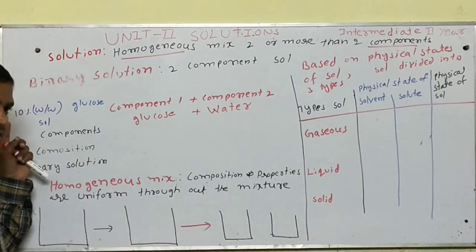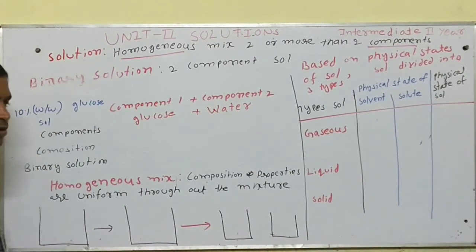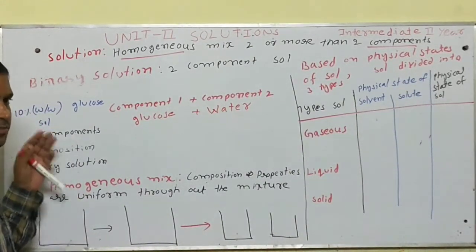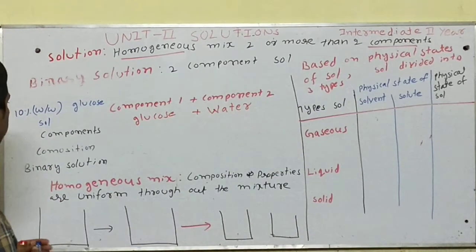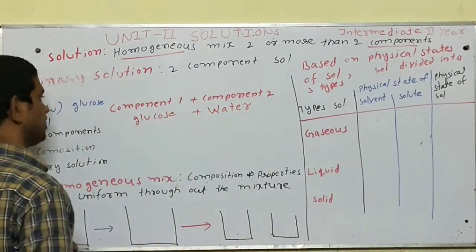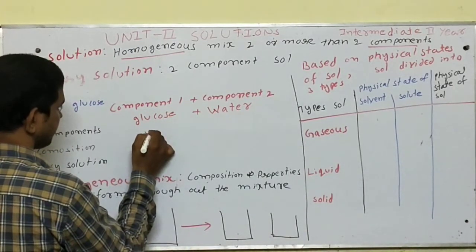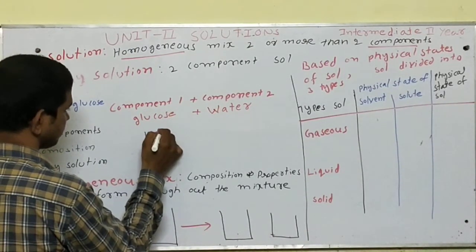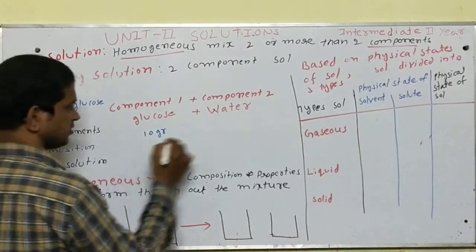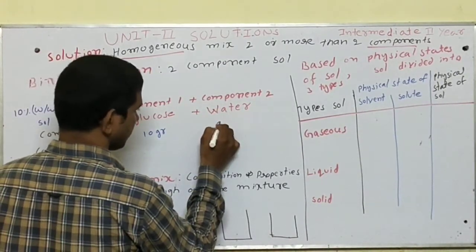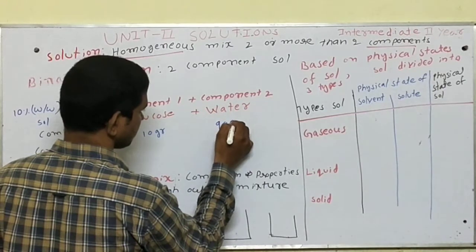I write 10% W by W, weight by weight. 10% means 10 grams in 100 ml of solution. So composition is 10 grams of glucose and remaining 90 grams of water.